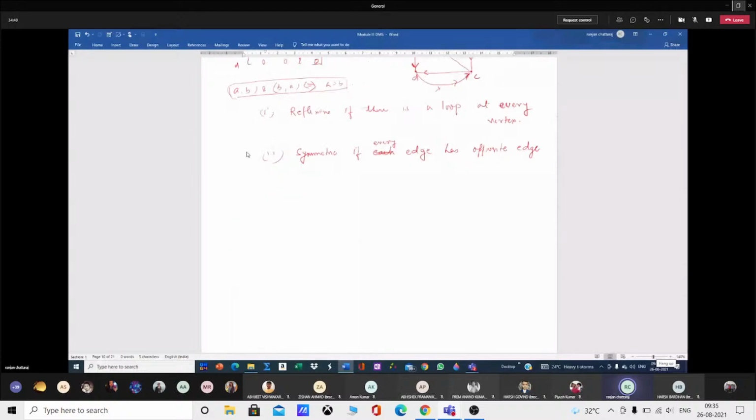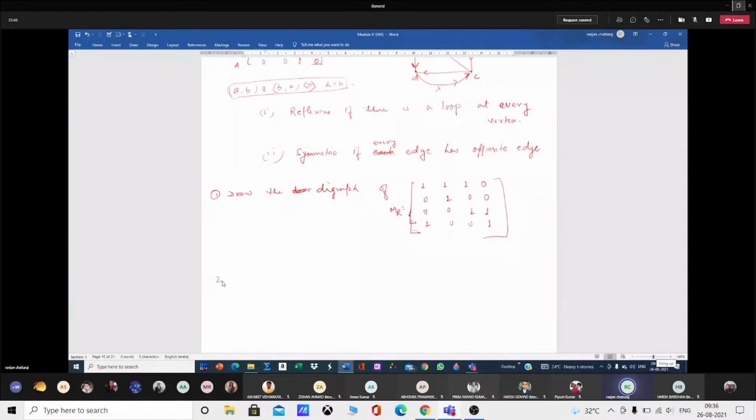The question is: one, draw the digraph of, suppose we have a matrix like this, 1 0 0 1 0 0. This is MR.